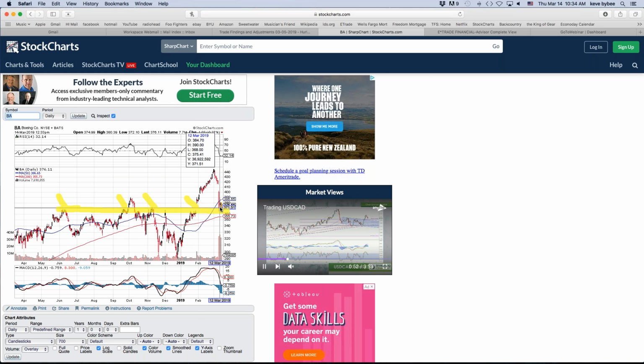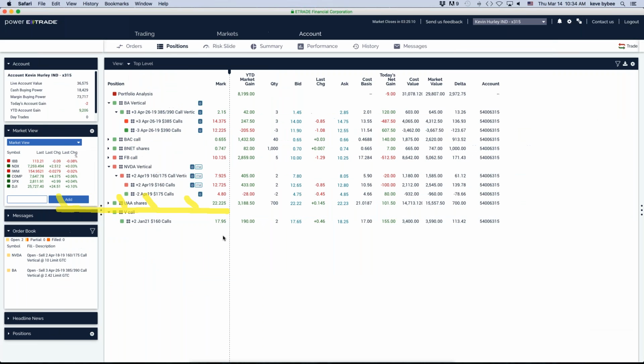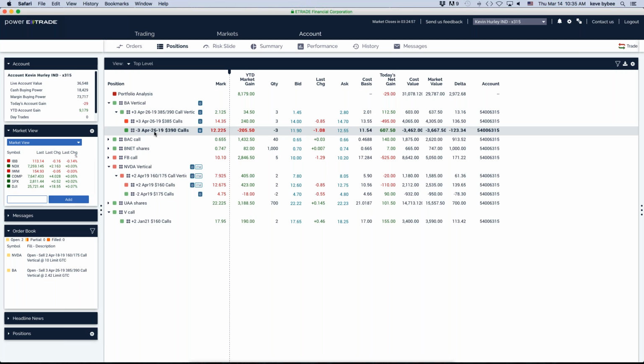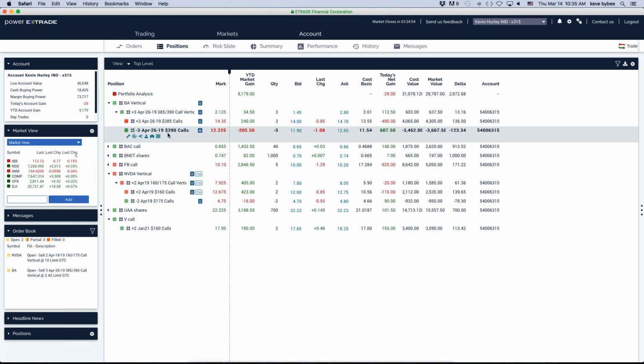So it pulled back. Kevin has on a 385 long call against a 390 short call.